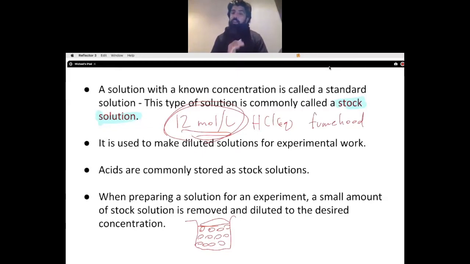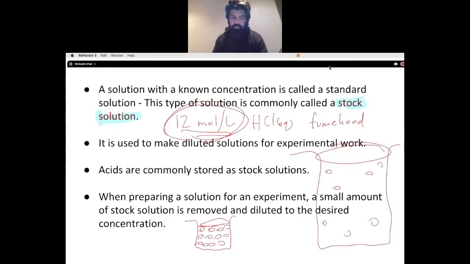When we extract, it doesn't matter how little we pull out, it still has 12 moles per liter. But the difference is if we dilute it in water, those 12 moles are now further spread out.